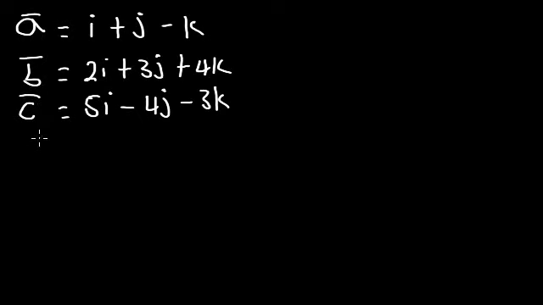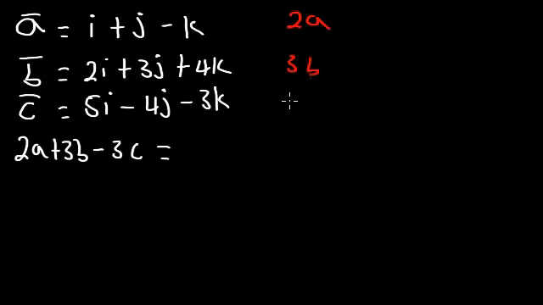Feel free to pause the video in order to have enough time to copy down everything. So let's compute the first one, that is 2a plus 3b minus 3c. To compute this successfully, we need to first of all compute 2a separately, 3b separately, and 3c.